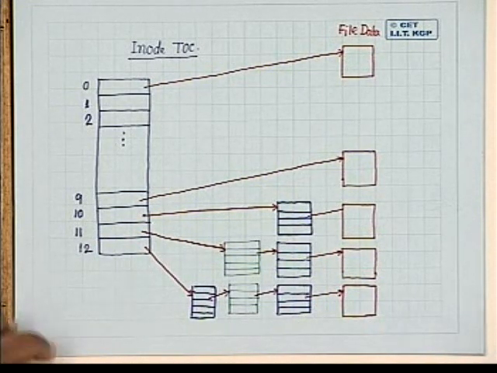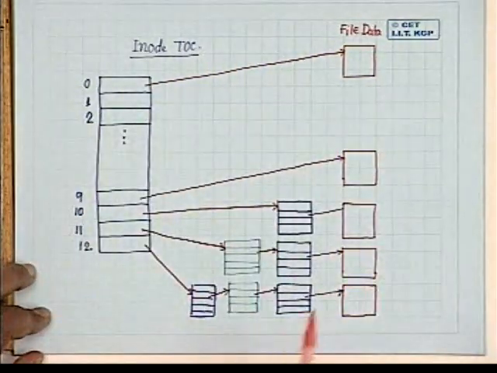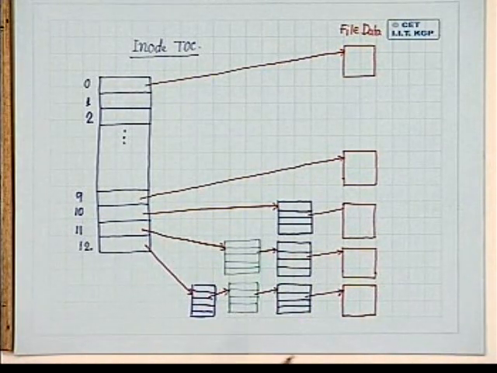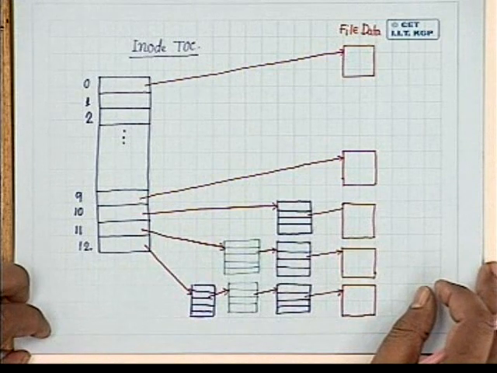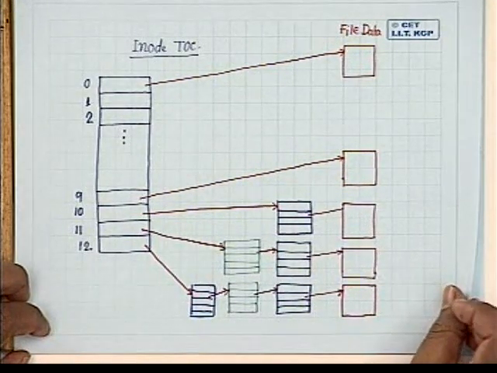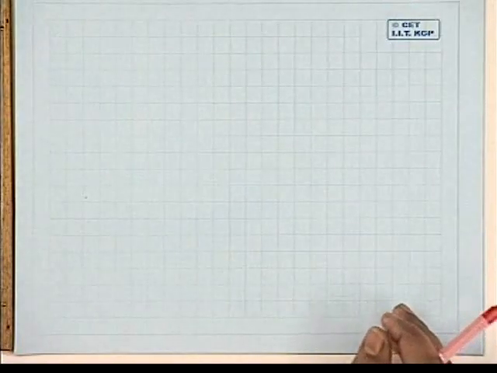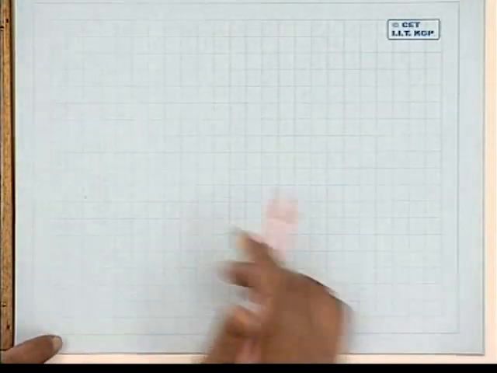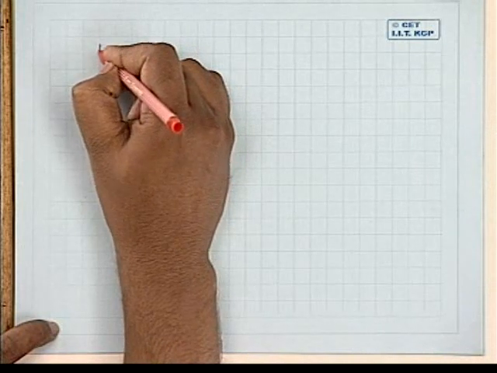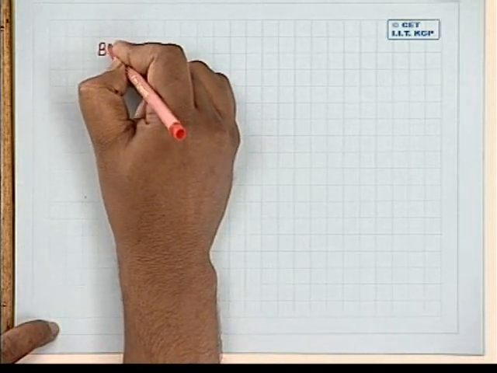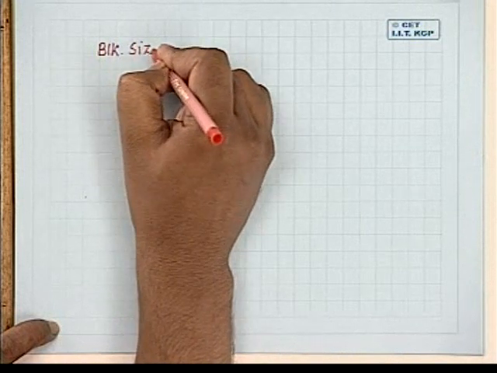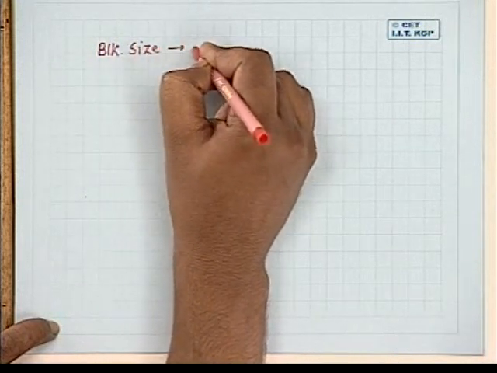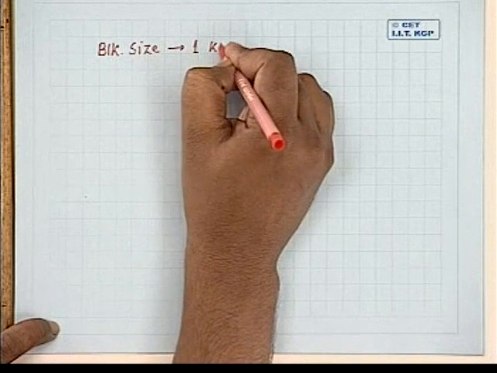Now you find that having this type of architecture in the inode table of contents, the size of a file can be very large. It is simply because if I assume that on a file system, every block is of size say 1 kilobyte. So block size is 1 kilobyte.